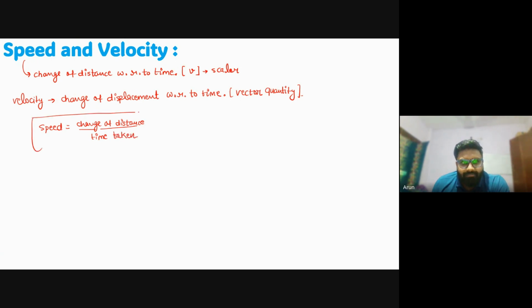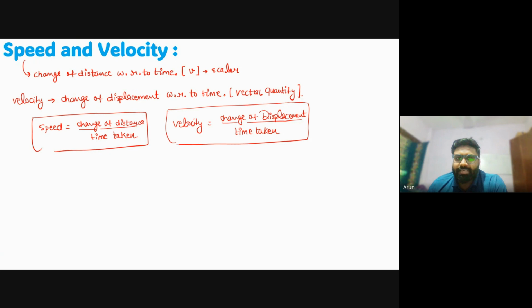The same way we define velocity also. Velocity is also change of displacement divided by time taken to change that. Okay.